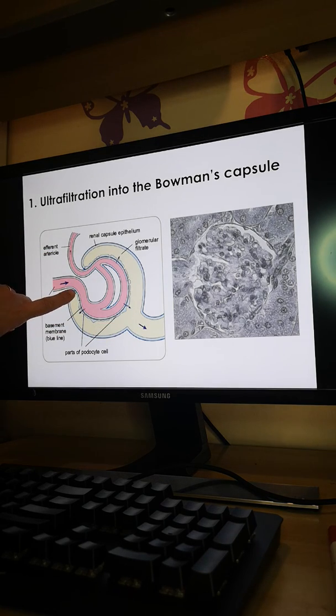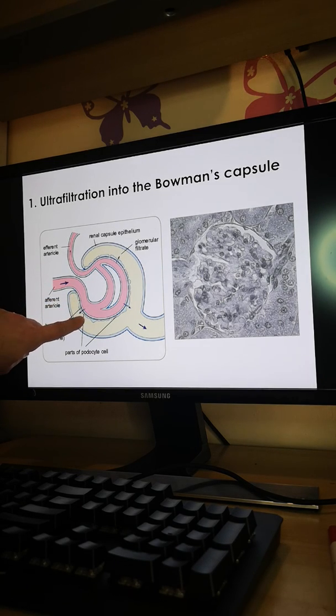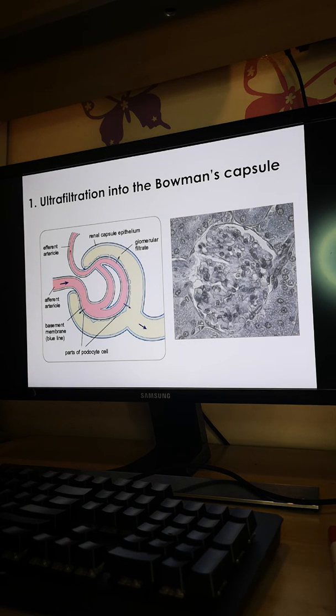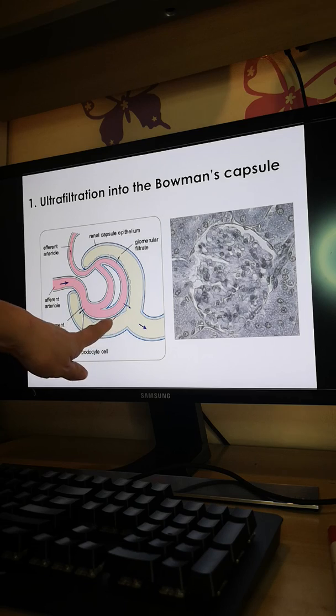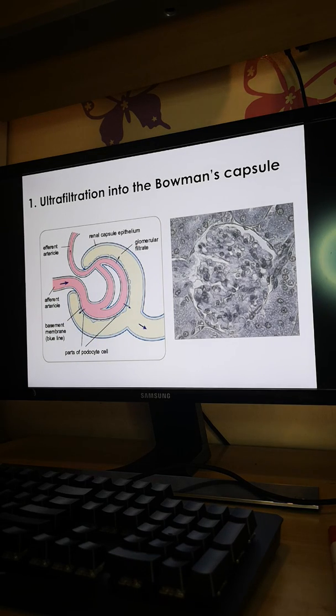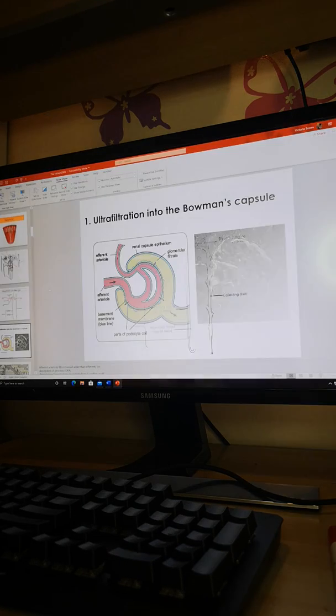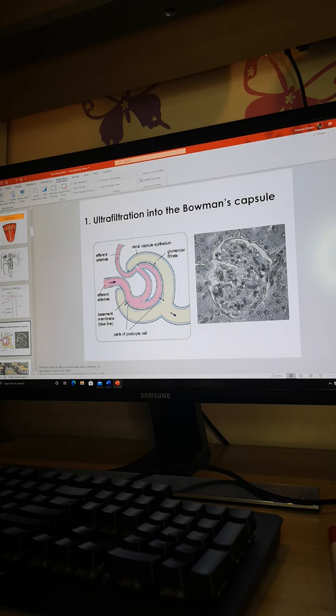You can also see the Bowman's capsule has got pores within its walls. You don't need to know the name podocyte, but these podocyte cells have extensions, feet that create these pores. So the idea there are pores is incredibly important. So if I take you into your keynotes, you can see there's a number of things that make this a filter.